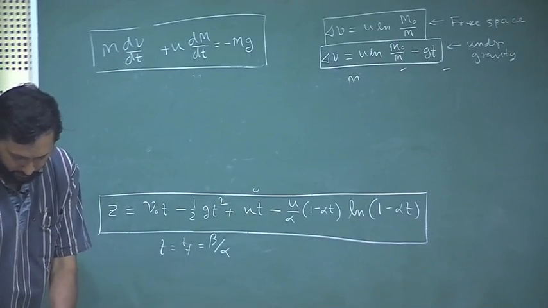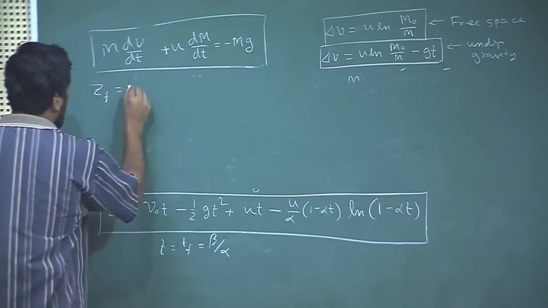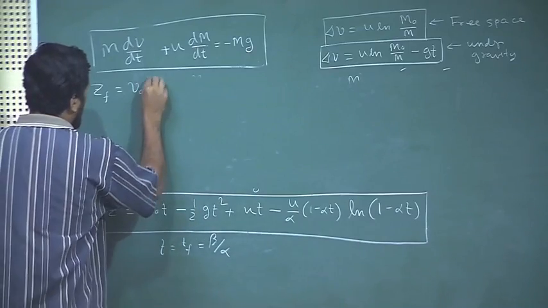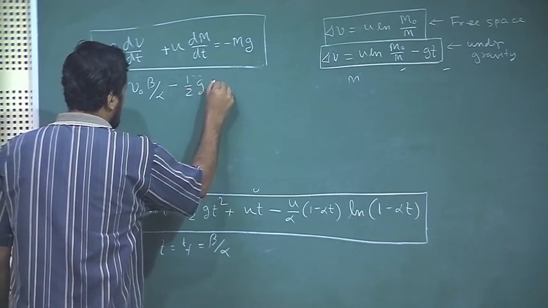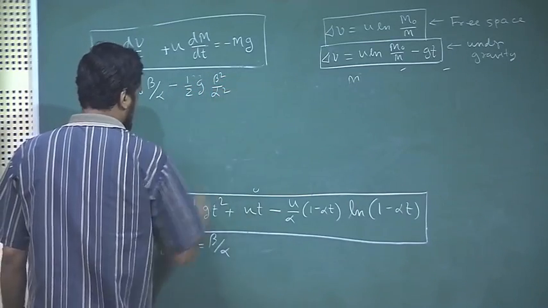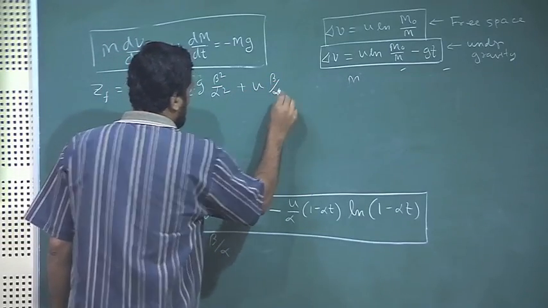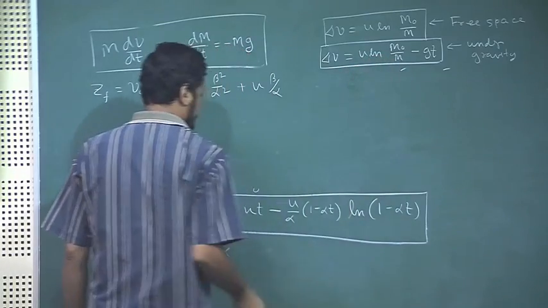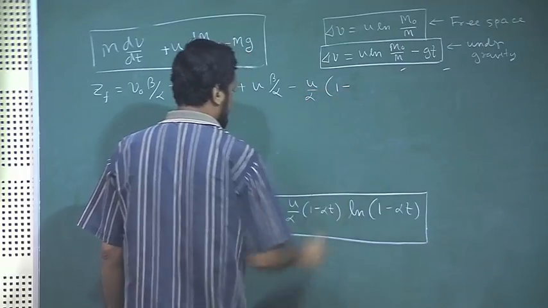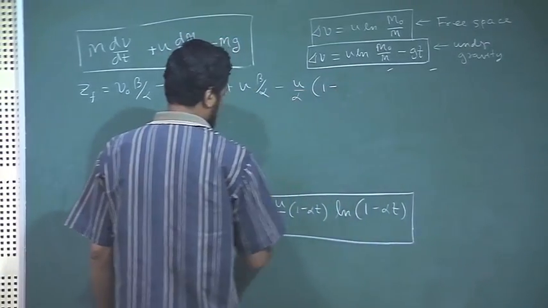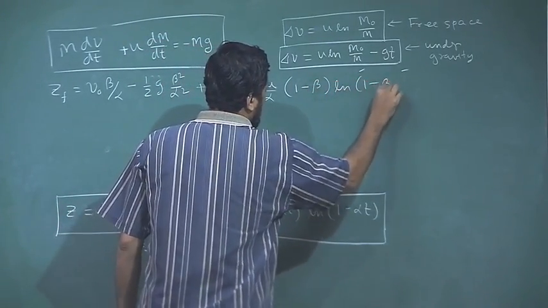If we do that, we immediately see Zf is equal to V0 beta by alpha minus half g beta square by alpha square plus u beta by alpha minus u by alpha into 1 minus beta ln 1 minus beta.